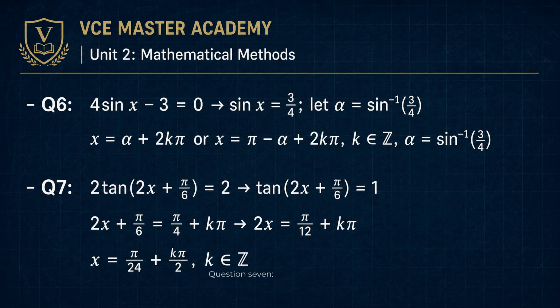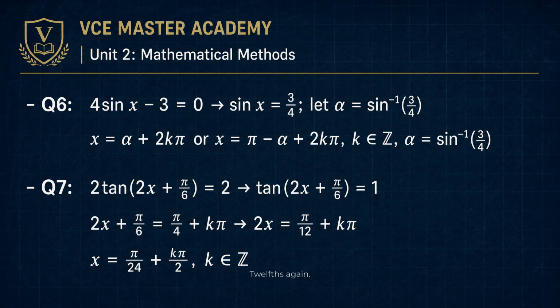Question 7. The 8R tangent. Tan of 2x plus pi over 6 equals 2. Divide by 2. Tan of the bracket equals 1. First solve the angle. 2x plus pi over 6 equals pi over 4 plus k pi. Subtract pi over 6. Pi over 4 minus pi over 6.